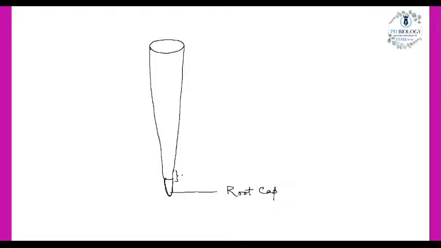This particular part is the region of meristematic activity. This is the region of elongation.